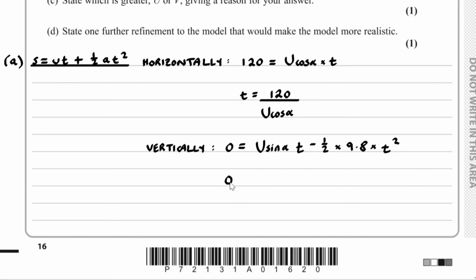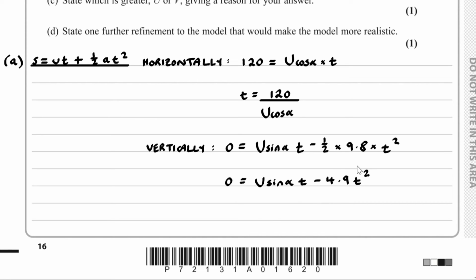So we've got 0 equals u sine alpha t minus 4.9 t squared.